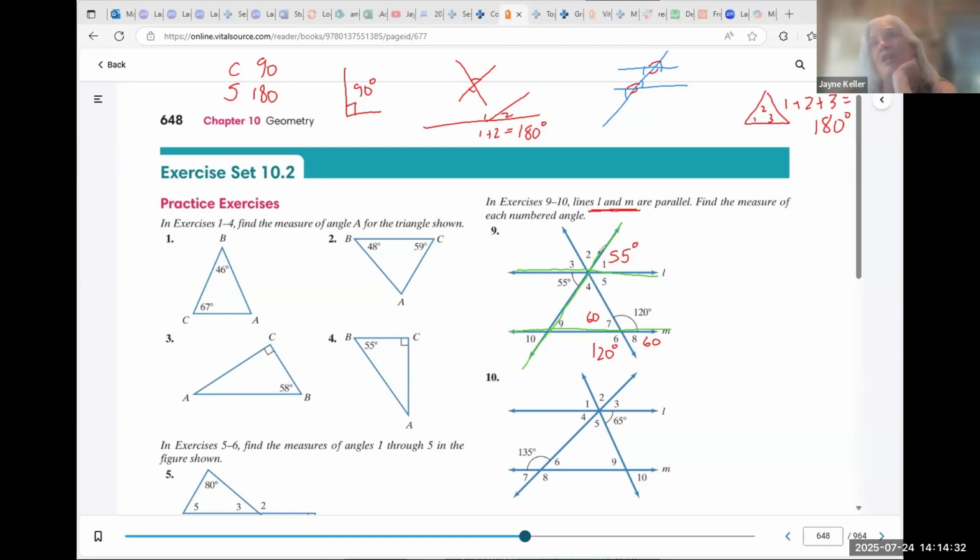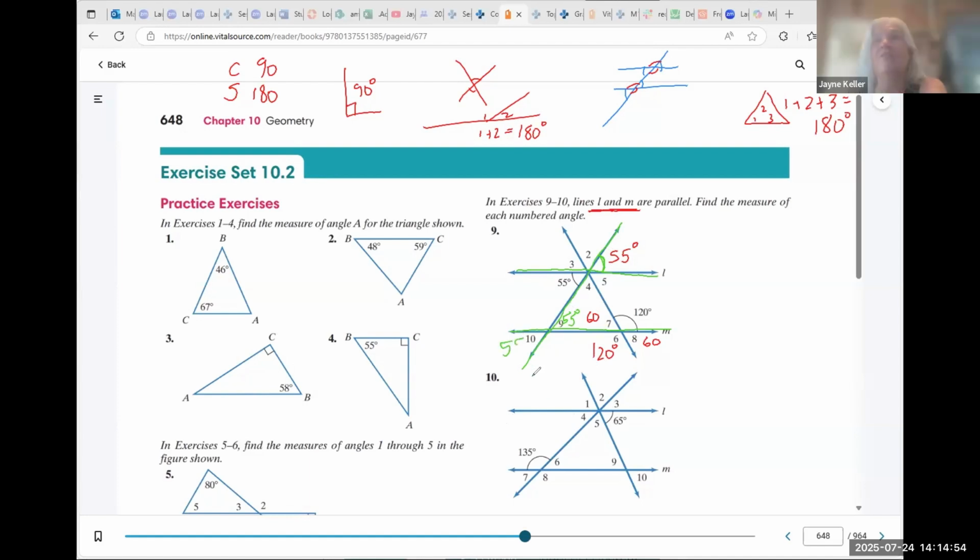So which other angles are going to be 55 degrees? Is it 9? Yes, because they're all the same, they're interior angles. Would 4 be too, or no? What else? 10, because they're vertical, right?